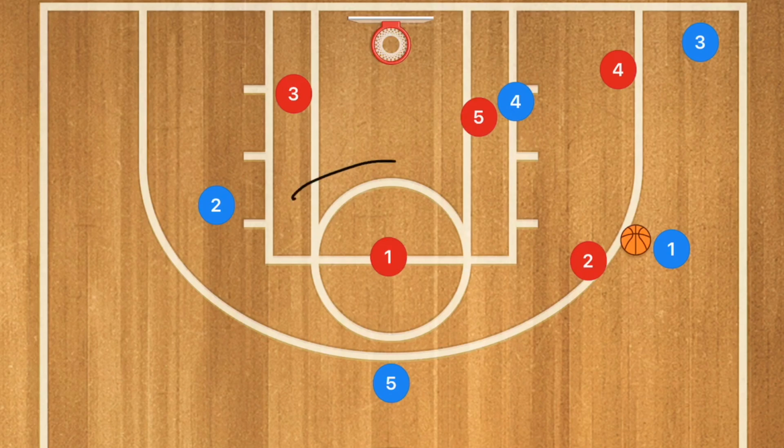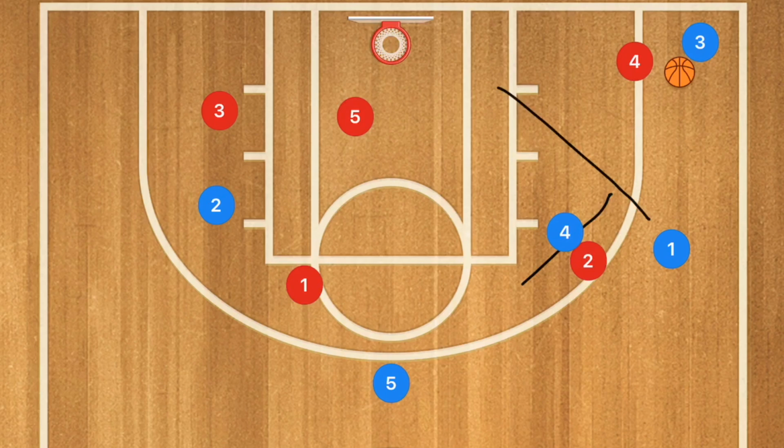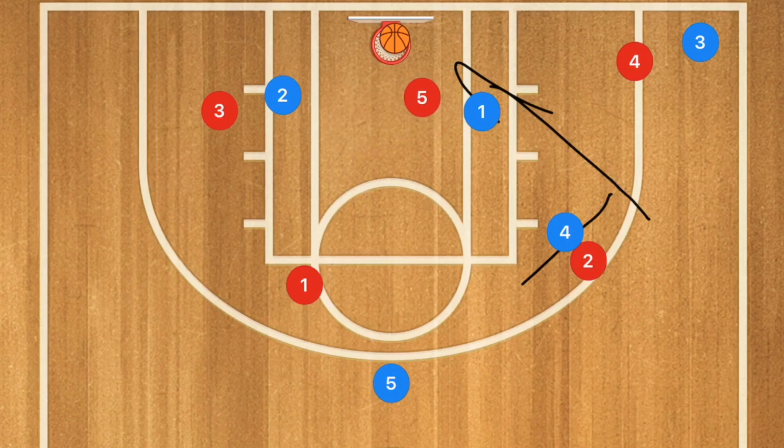If they don't rotate fast enough, let's say we have player 1 pass over to player 3, obviously player 4 is going to go out and guard that. We could have player 1 get screened by player 4, and of course player 1 could then be the one who attacks the basket. Player 2 being in the low post in this case could be a post-to-post pass.